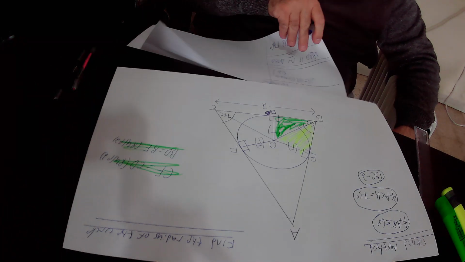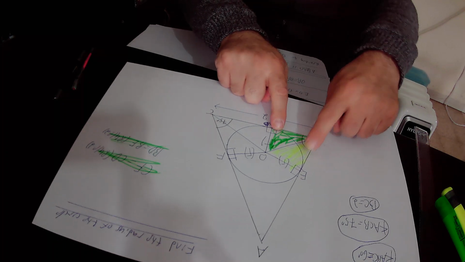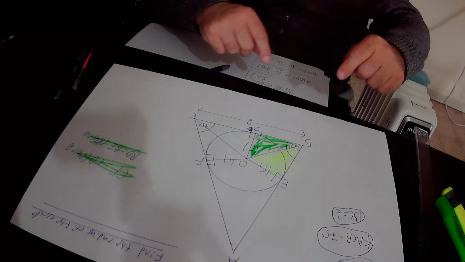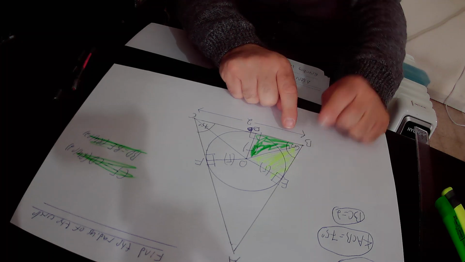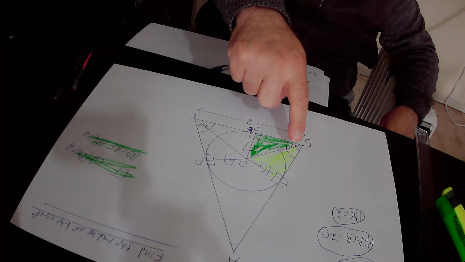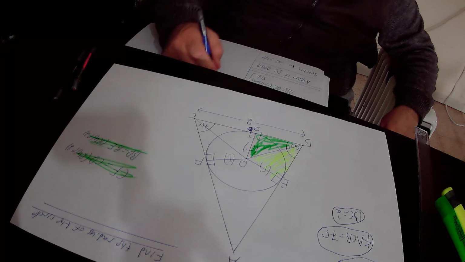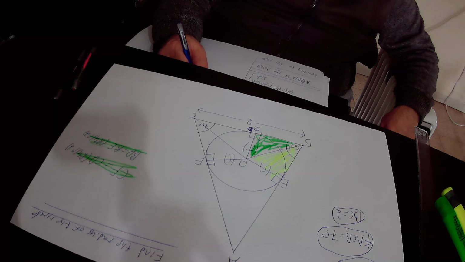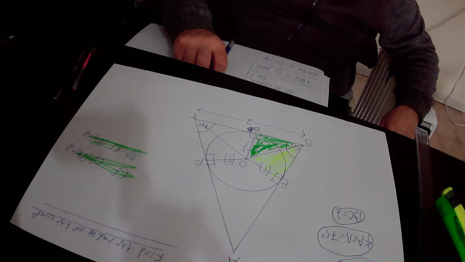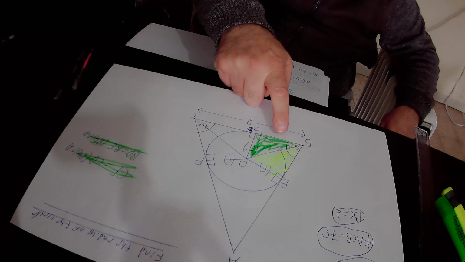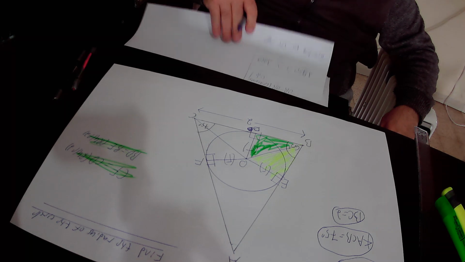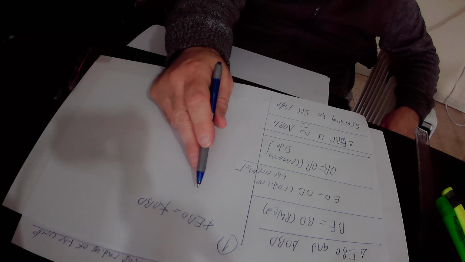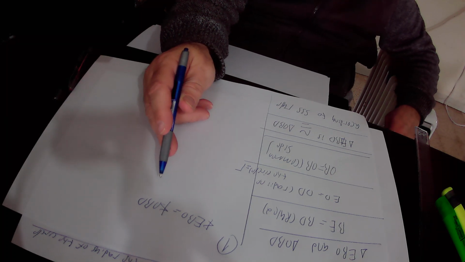And from the fact that those two right triangles can go into each other, we derive that those two angles are also equal. Angle EBO in the yellow triangle equals angle OBD in the green triangle.